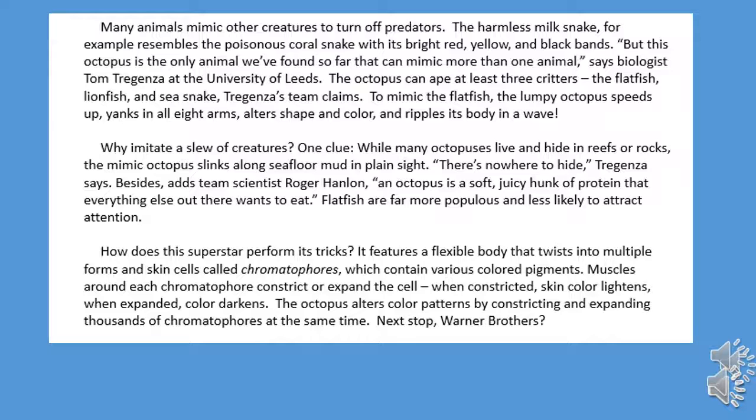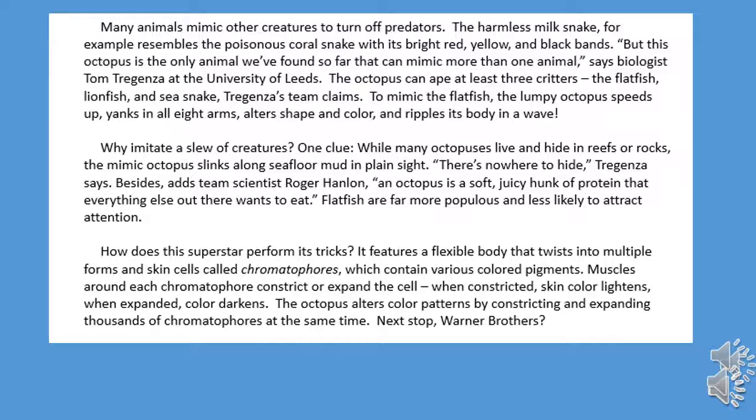Muscles around each chromatophore constrict or expand the cell. When constricted, skin color lightens. When expanded, color darkens. The octopus alters color patterns by constricting and expanding thousands of chromatophores at the same time.